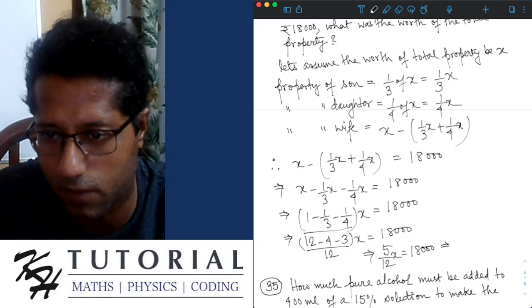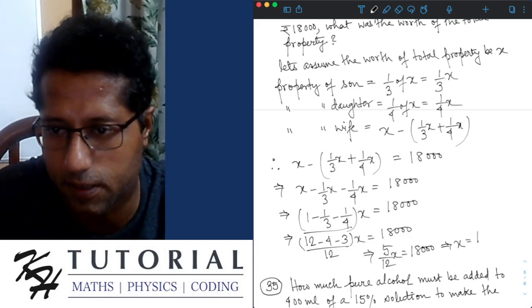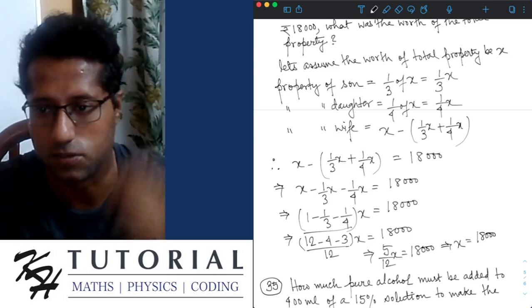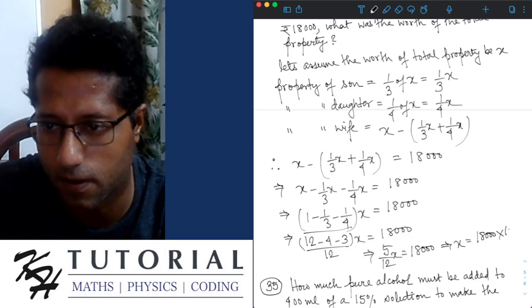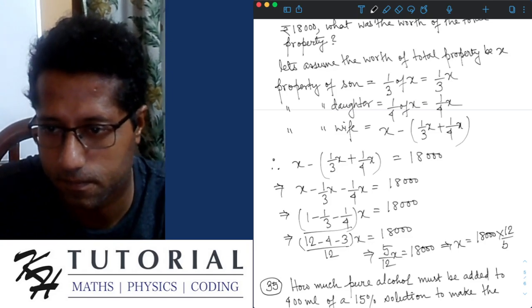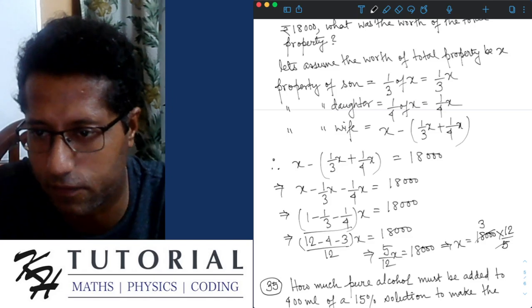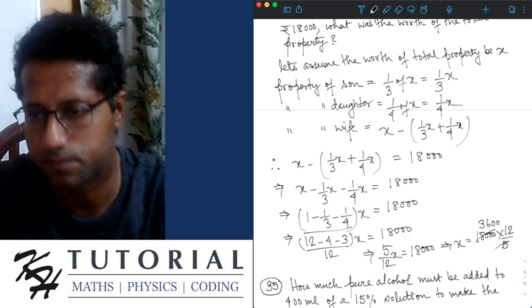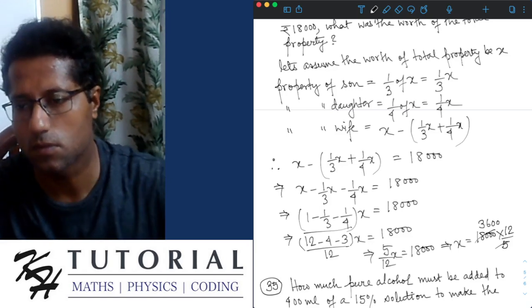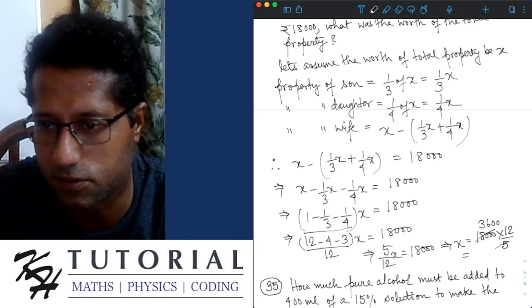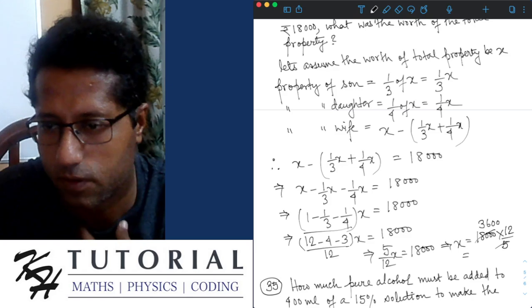From here we can say x equals 18,000 divided by 5/12, which is nothing but multiplication by 12/5. 18,000 divided by 5 is 3600, so x is coming to be 3600 multiplied by 12.